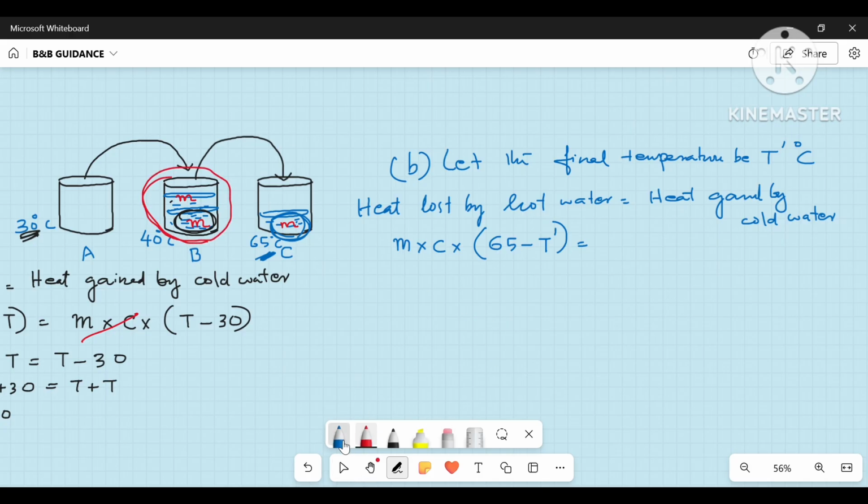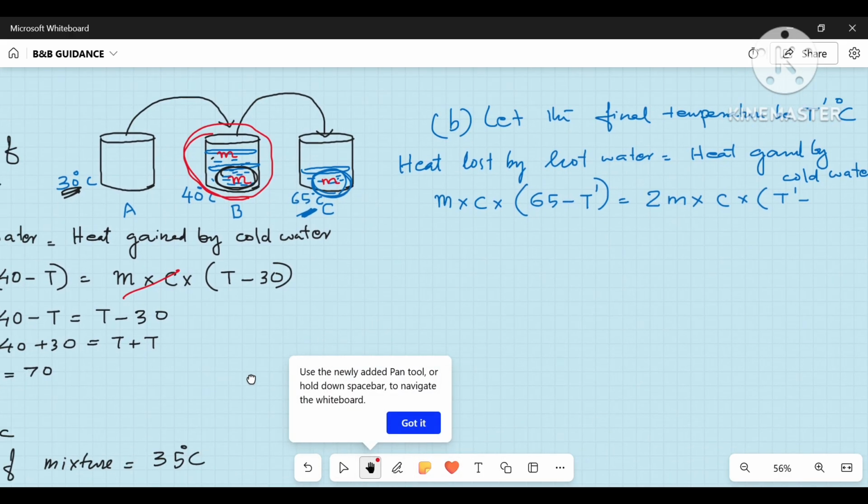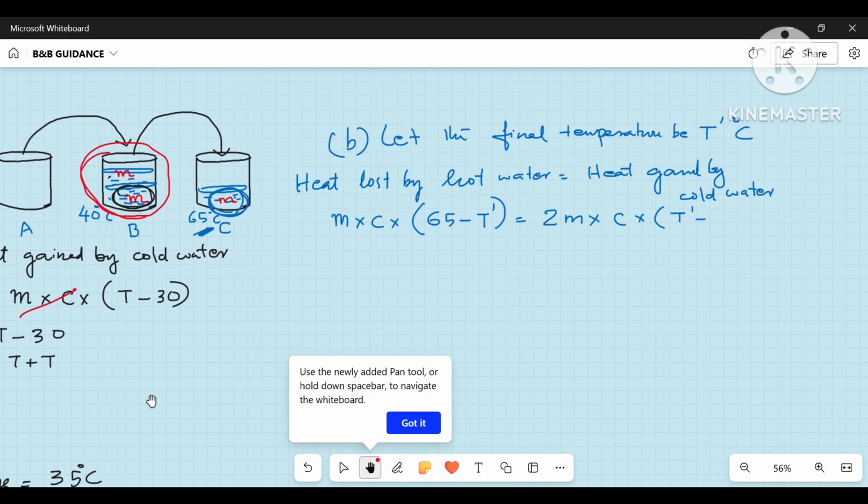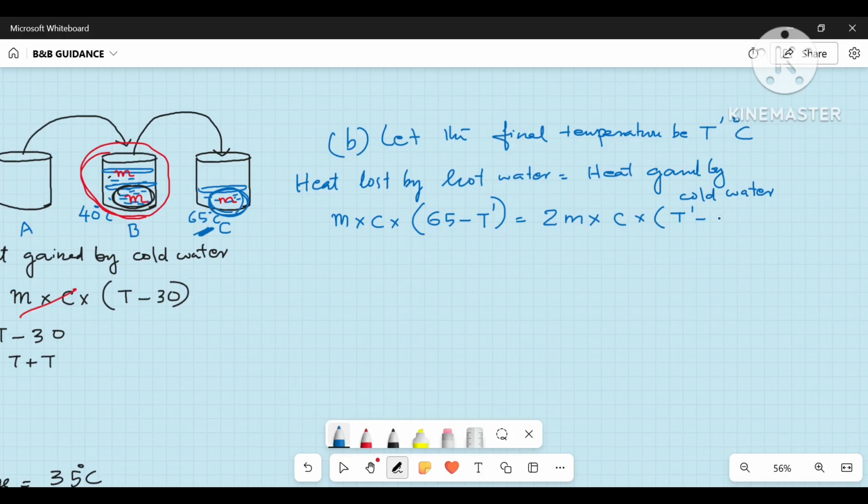Remember that mass is 2 times m. 2m into C into, that's a rise in temperature, so it will be T dash minus the mixture temperature. Already we have got that value, 35 degrees Celsius.